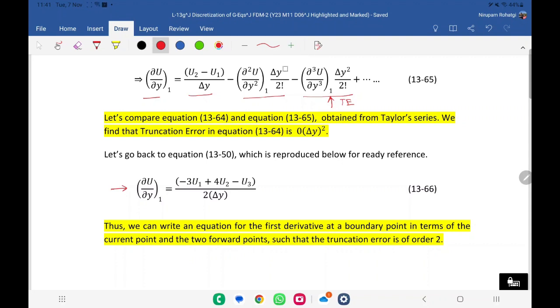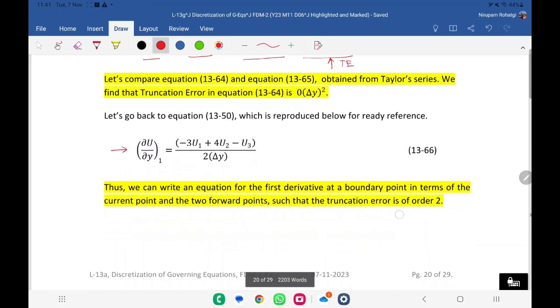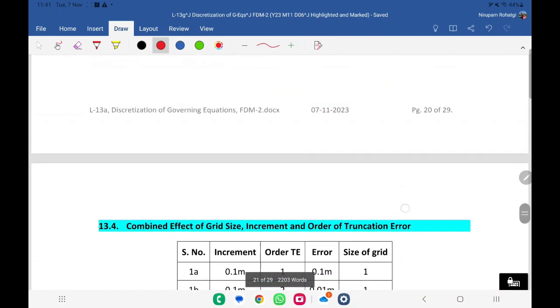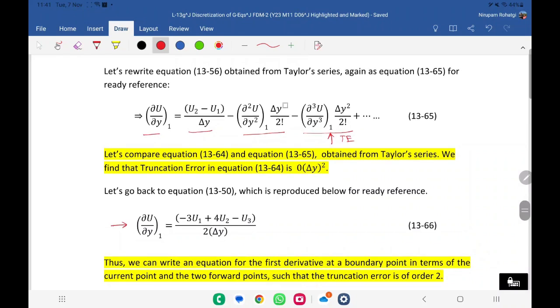Let me say, you have made a valid point, and we can suppose this is your U and this is X. Now, my equation is, let us say, going like this. This is my curve.